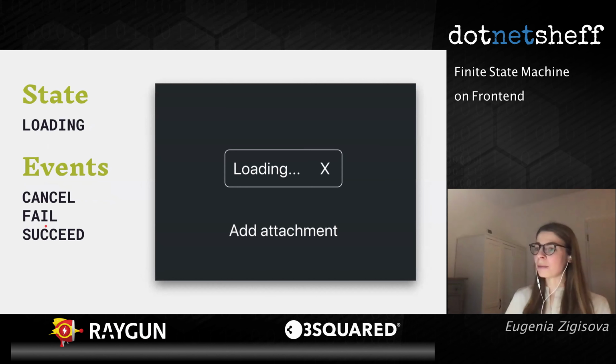And when that happens, the application transitions to another view, which is loading. And possible events that can happen from this view are cancel, if the user interacts, or fail, or succeed, based on the response we get.